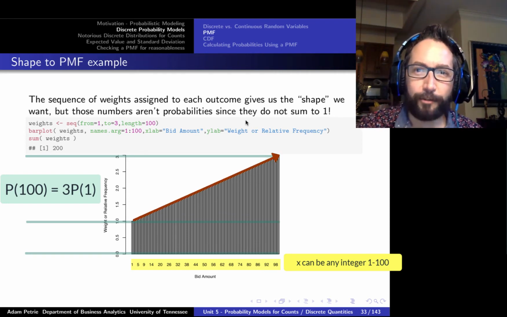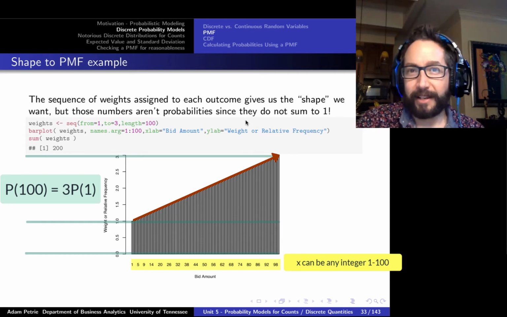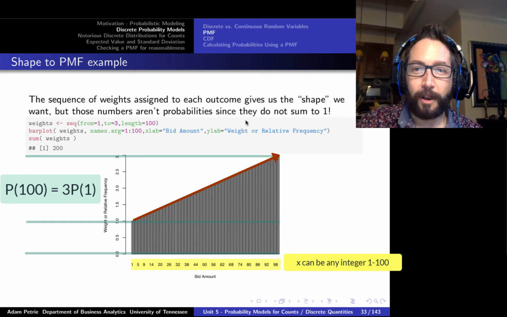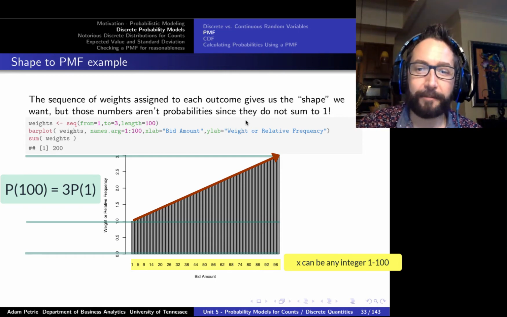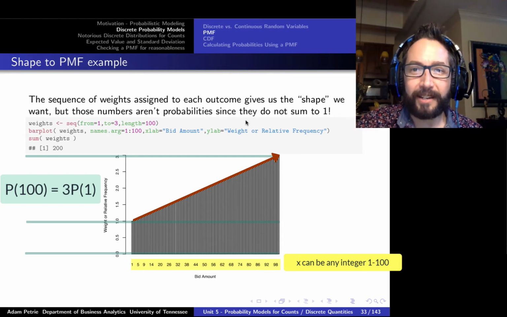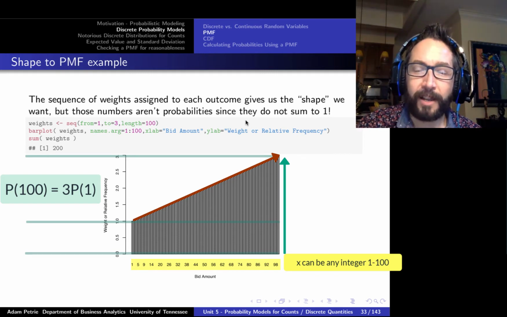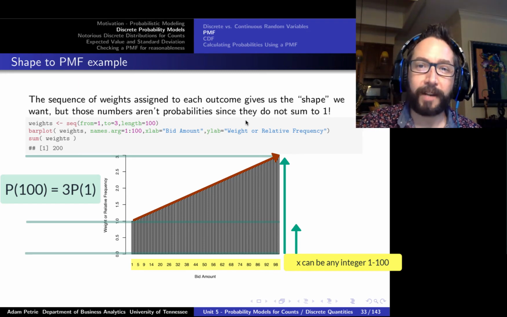So if I were to draw a bar chart that gives the shape of this distribution, here's what we see. We see a nice linear increase in probabilities from 1 to 100, and indeed the height of the bar at 100 is 3 times the height of the bar at 1. So in essence, the weight we're giving to the 100 outcome is 3 times higher than the weight we're giving to the 1 outcome here.